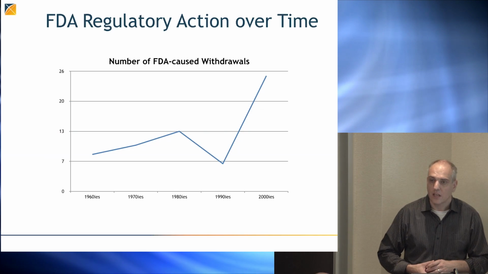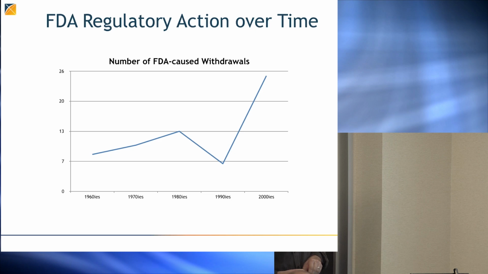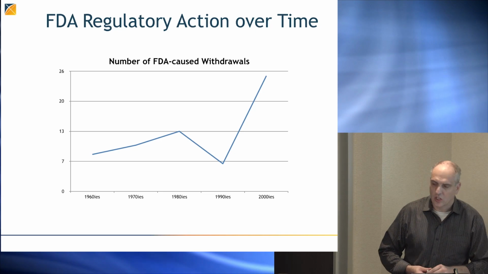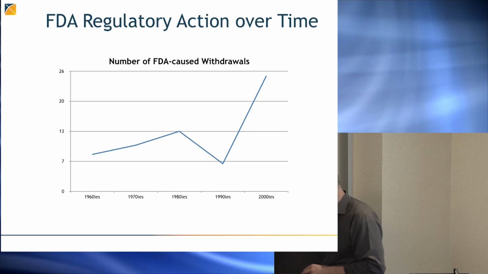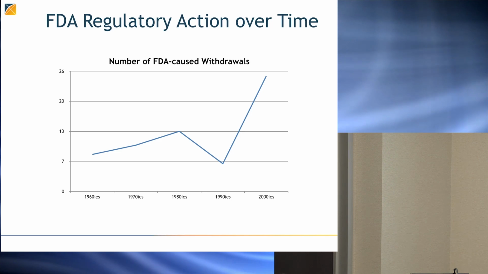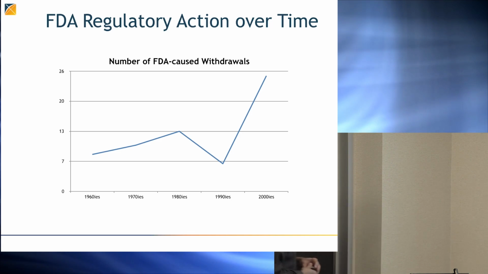So here's what happened. The FDA in the 2000s got a lot more aggressive on marketed drug products that got in trouble. We had some effect that got them in trouble, and the FDA pulled the drug off of the market.